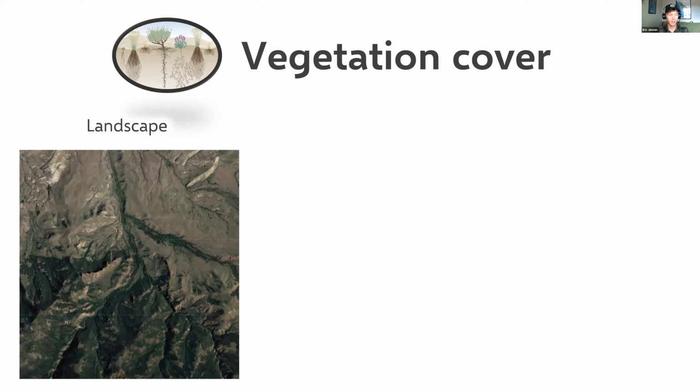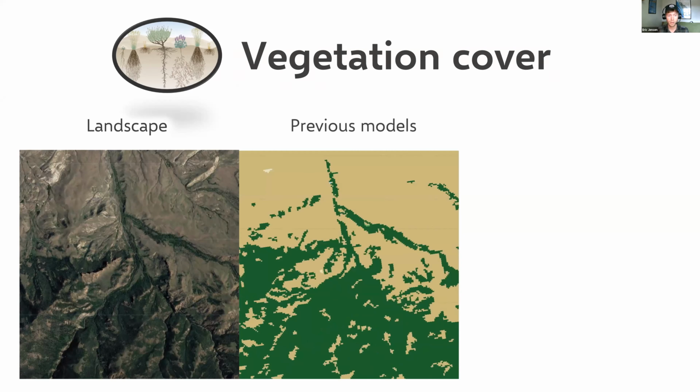And I don't have to tell you that vegetation communities across the Western US are complex. This is an example from Northern Wyoming. You can see a variety of different vegetation types interacting. Previous versions of this model used just categorical data to estimate vegetation type.